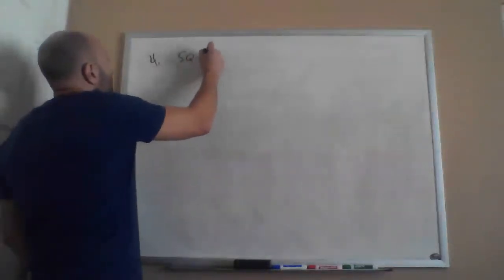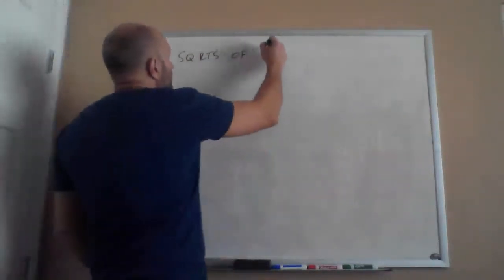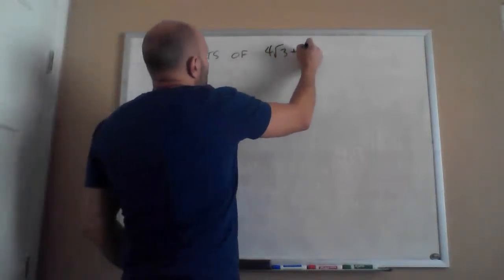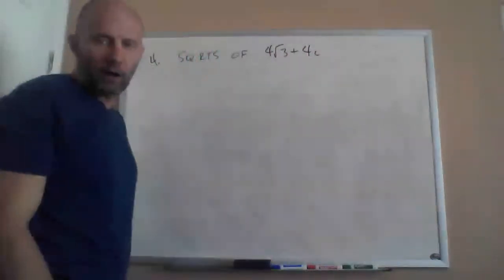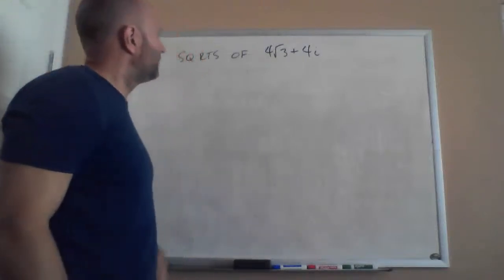So number 4 says find the square roots of 4 root 3 plus 4i.